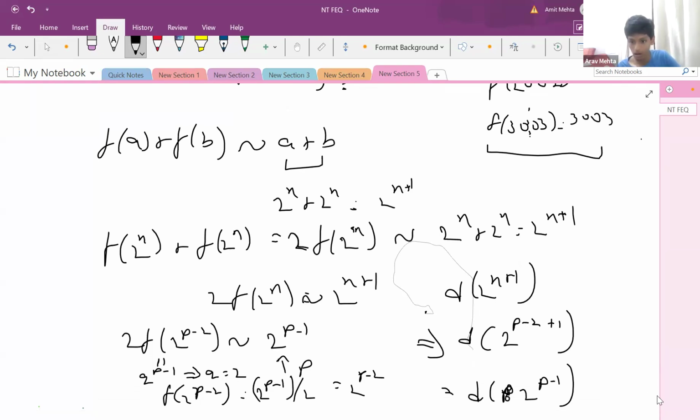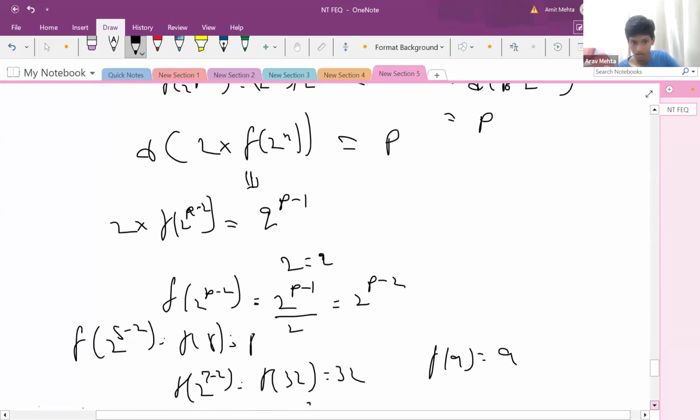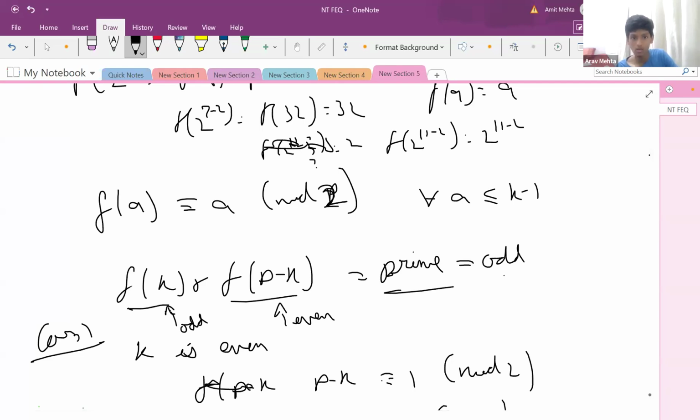So now we have f at infinitely many points. And then we remark that we know f of 32 is 32. We know that f of 2 raised to 11 minus 2 is 2 raised to 11 minus 2, and so on.